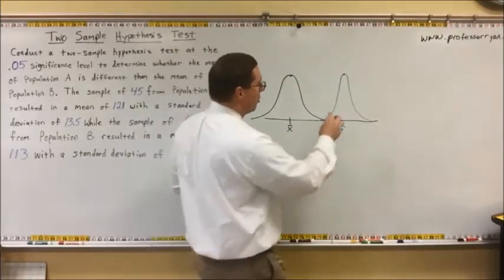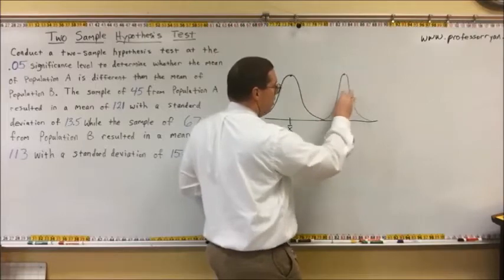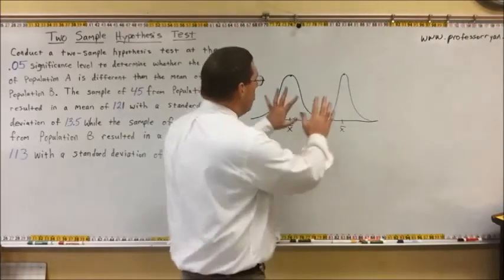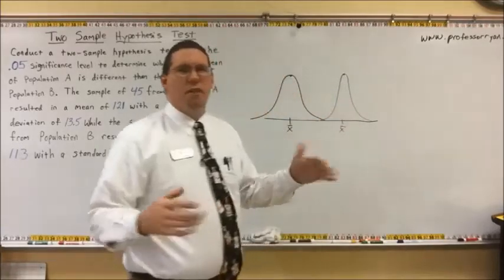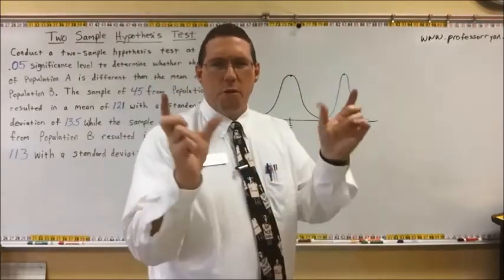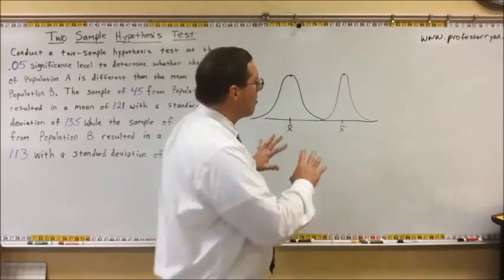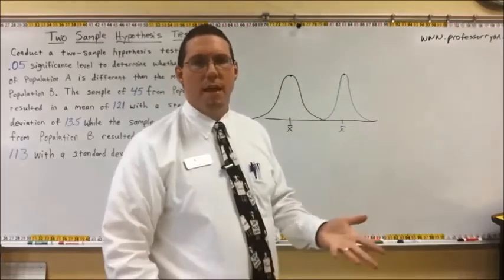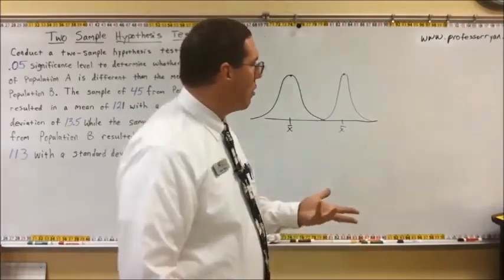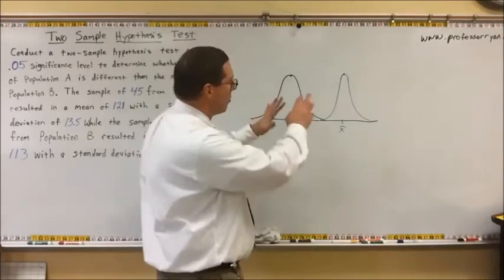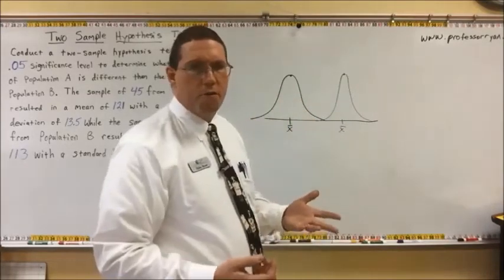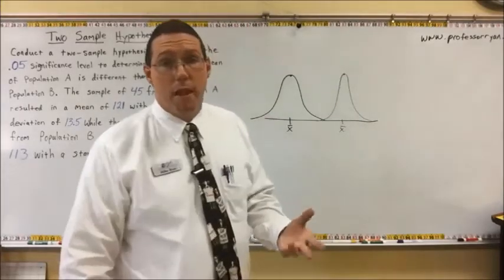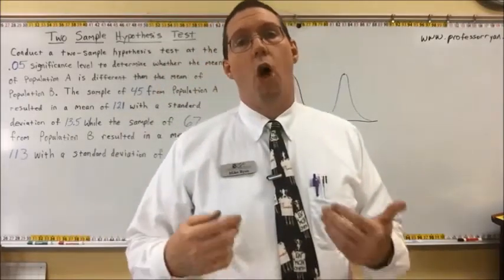You can see that this distribution curve is very distinctly separated from this one over here. In this situation, we might conclude they don't really overlap. They're so tight in their variance that it doesn't look like they would come from populations that have the same mean. The way we do this, we don't necessarily have to draw the curves per se, but we can do a hypothesis test that's very similar to what you have already done.